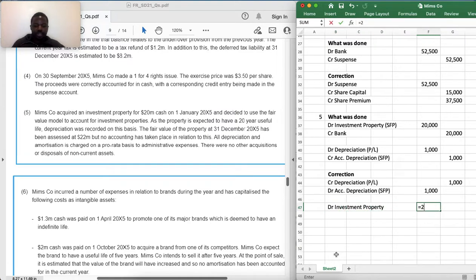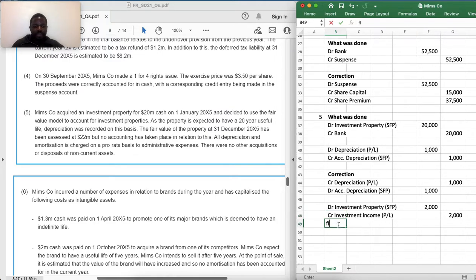So the increase will be 22,000 less 20,000, so we increase the investment property by 2,000, then credit the investment income in the statement of profit or loss of 2,000. The investment property is found in the statement of financial position, like that.